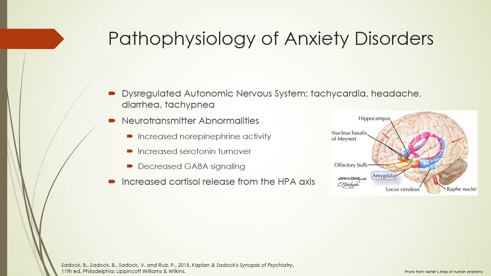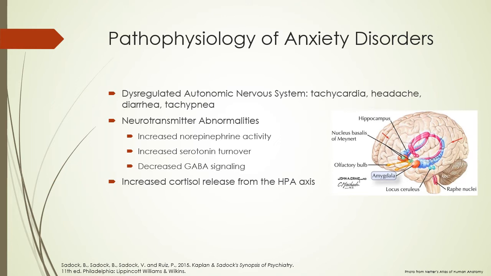That's the limbic system, so there are serotonin molecules going there from the raphe nuclei. They found out that in patients with anxiety, serotonin is avidly released by the raphe nuclei, but it is also avidly destroyed. So right there is a neurotransmitter imbalance.